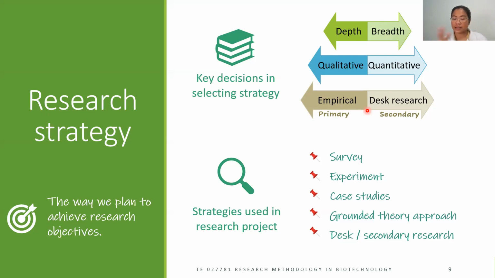As opposed to empirical work, desk research is also known as secondary research. You search for your data from whatever has already been published. So that is the decision you have to make when selecting strategies: whether you want a deep or wide aspect, qualitative or quantitative, or whether the work requires hands-on experiments or can be done as desk research.